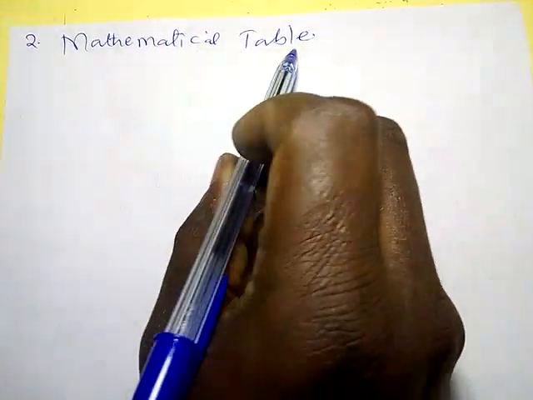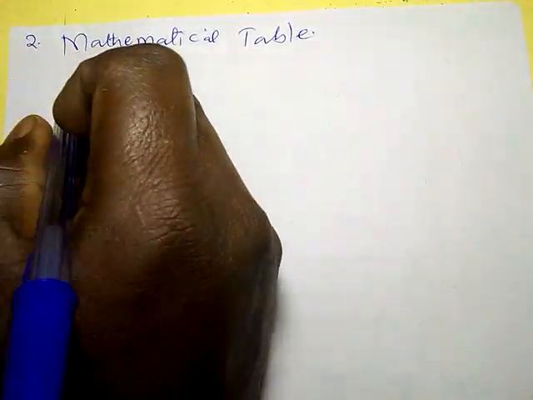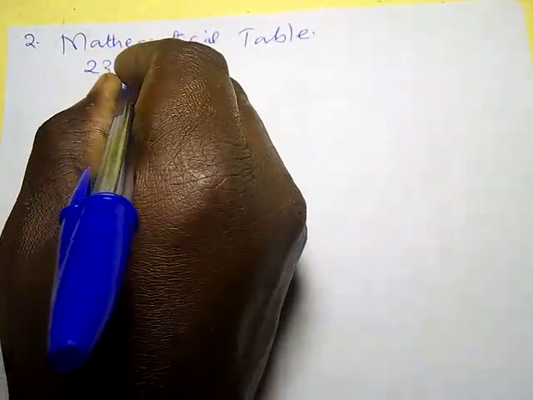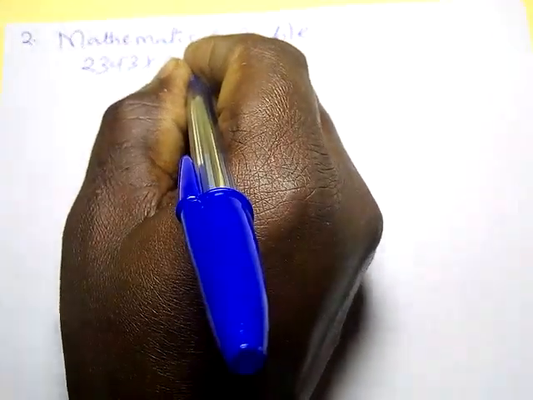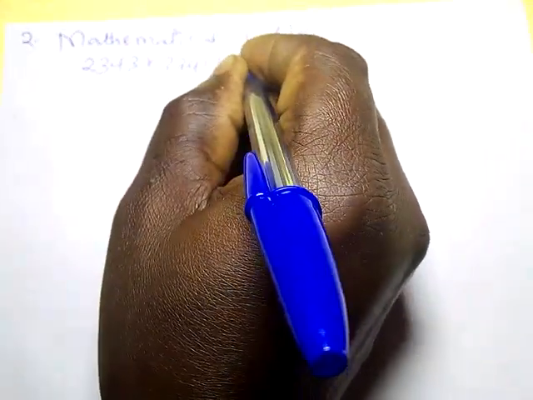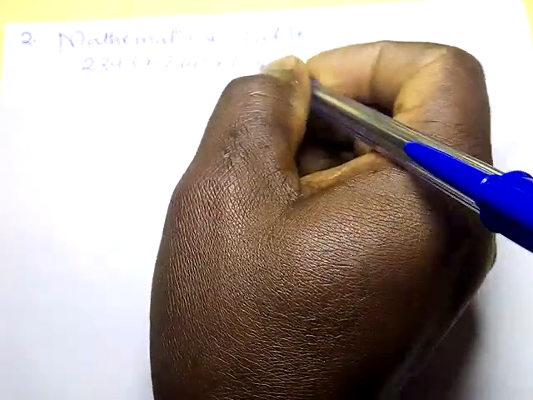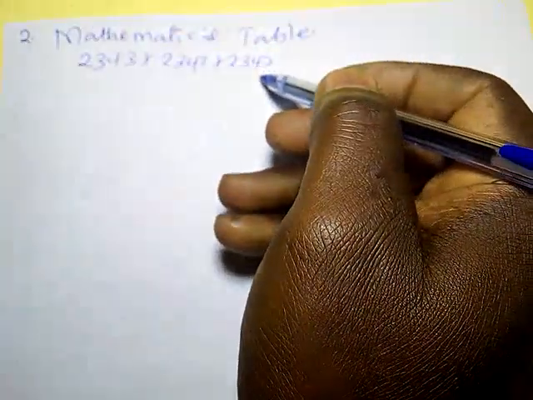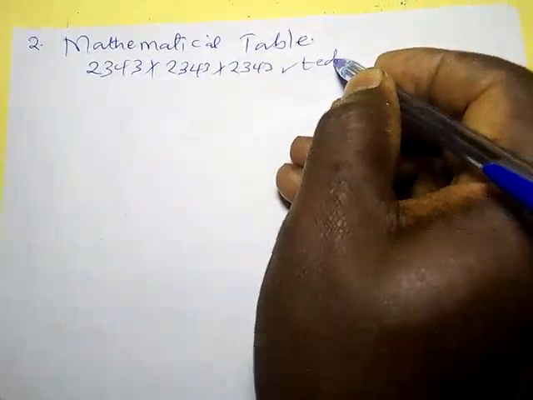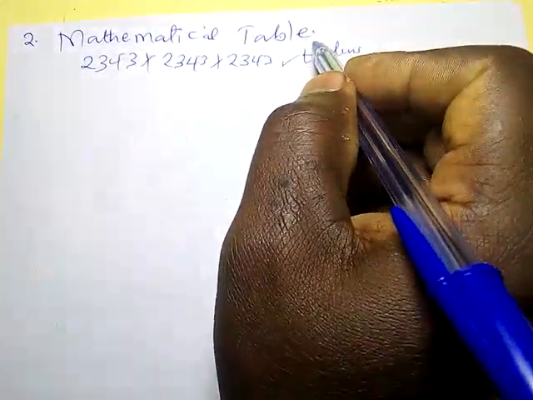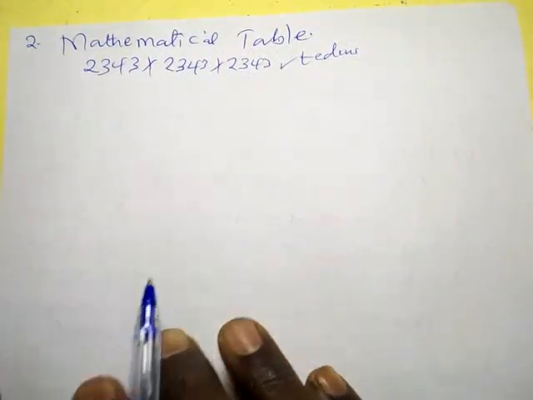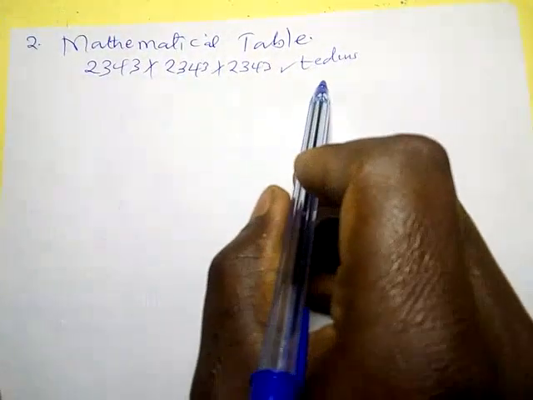Number 2 is the mathematical table. Now you have seen that, for example, if I have a number like 2,403 times 2,403 times 2,403, this sum can take you 10 minutes to multiply. Therefore, it is tedious. Now, the mathematical table gives us a very easy way of getting the squares and the cubes of numbers.